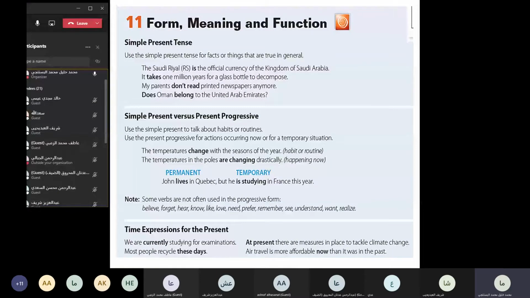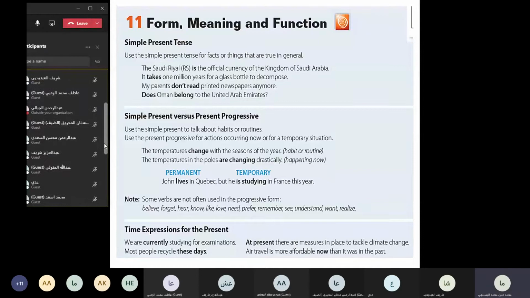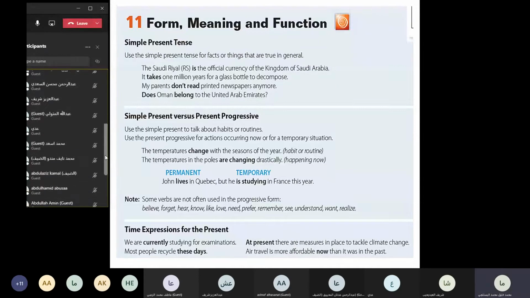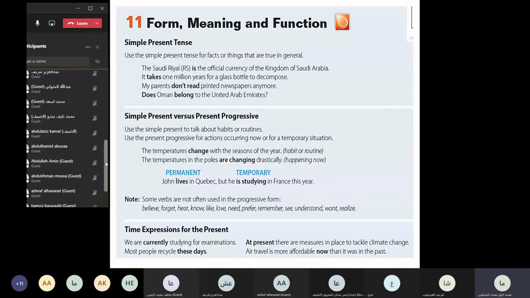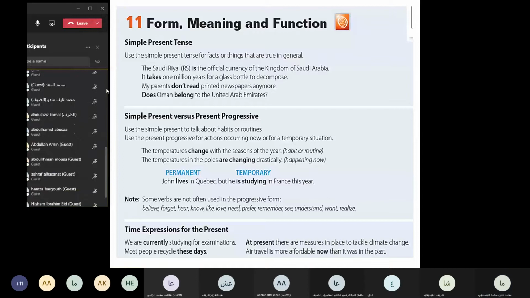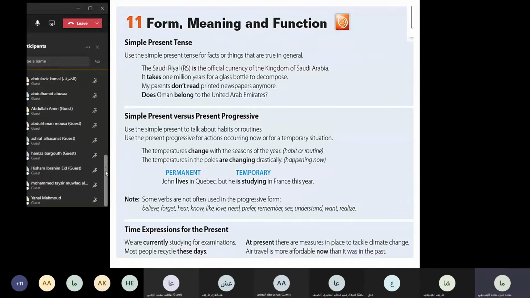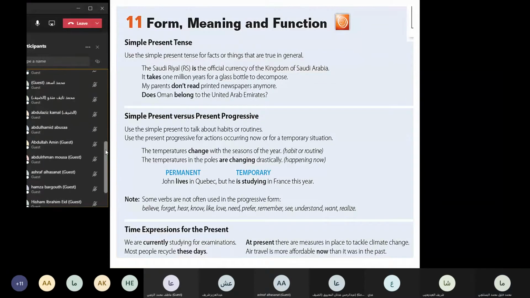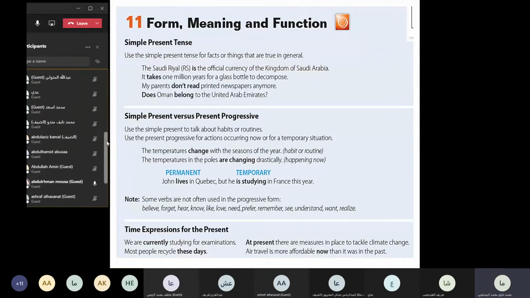Who can read the last sentence? Here we have a question. With the questions, we use what? Do or does? Abdurrahman Musa, read the fourth example here.